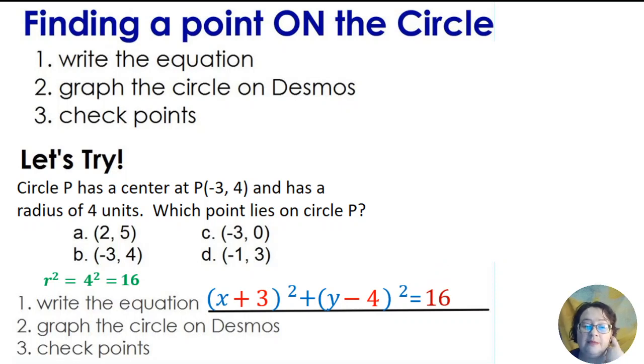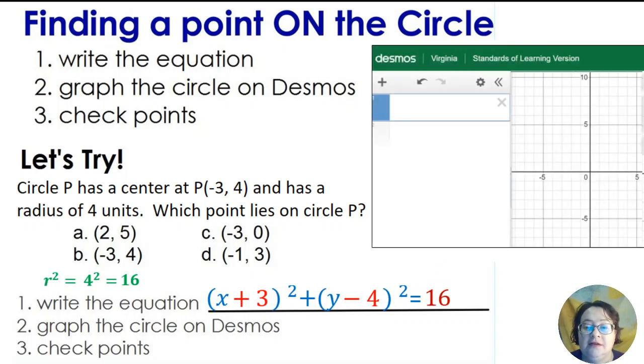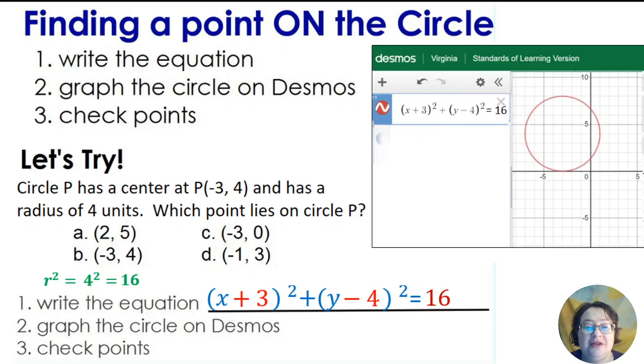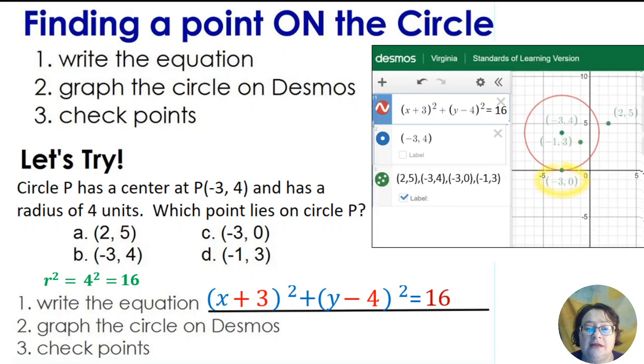Now, I'm going to bring up Desmos. And in that first box, I'm going to type in this equation that I found. I'm also going to put in the center, because when I put in the center, that shows me that I got the equation correct. So that gives me just an extra way of double checking my work here. Now, I can put my answer choices into Desmos, and I'm going to click label to label those points.